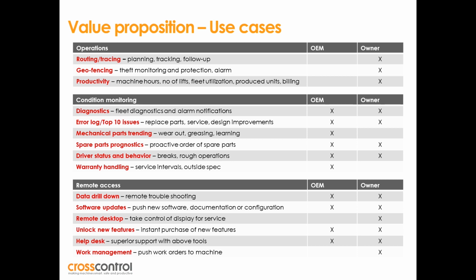And for example, for a rental business, it is good to have the warranty handling, so the rental business owner can see if the machine has been driving outside the spec, for example, either temperature, or if it has been exposed to any shocks, and such things.